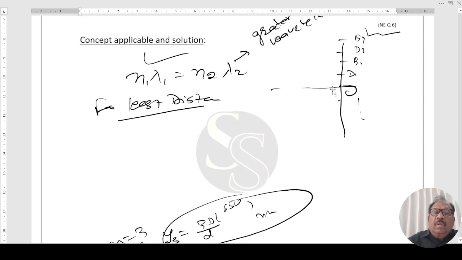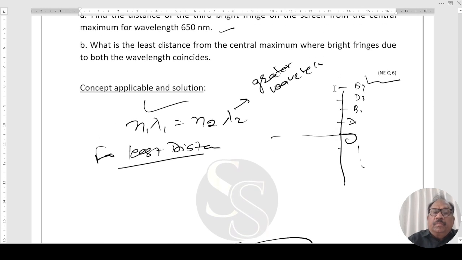Then n1 will be equal to n, so n2 will be n minus 1.